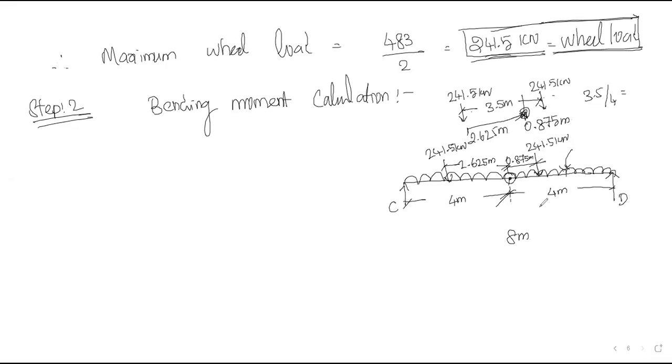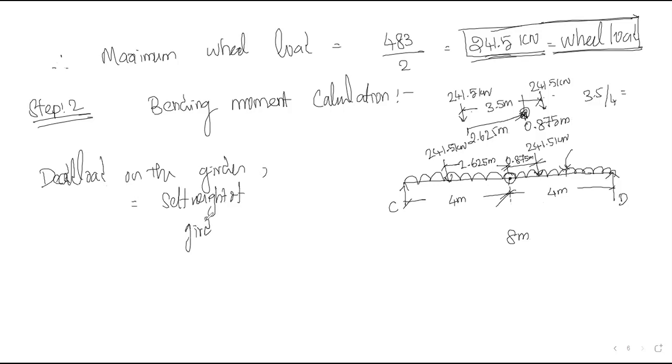Now I have to calculate the self weight of the gantry girder, which I am going to take right now. First, what is the dead load acting? The dead load on the girder is the self weight of the girder plus the self weight of the rail section.